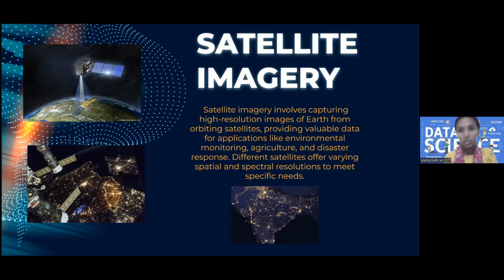But machines are not like that. They need more understanding, more trials of algorithms, in order to understand what the image is about. So in order to understand the images captured by the satellite, we use image segmentation. I hope it is clear.